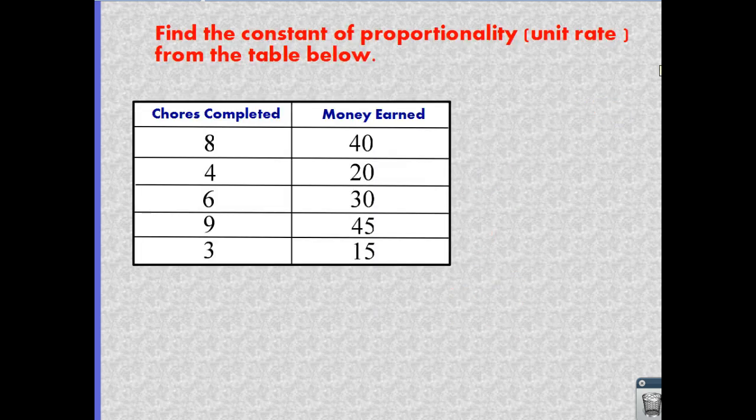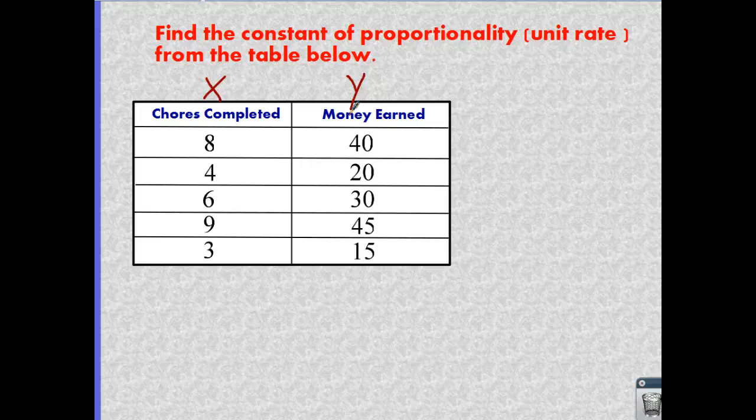All right, let's look at this table of values. It looks like we're comparing chores completed and money earned. So is there any relationship that you see between we'll call them our inputs and our outputs? Is there any numerical relationship that you see there?